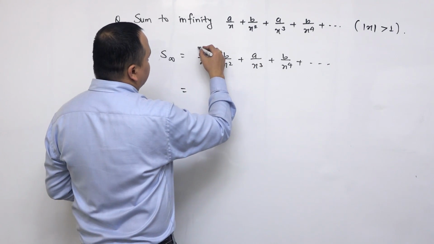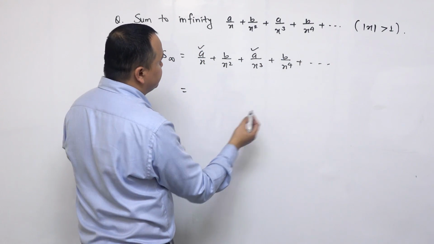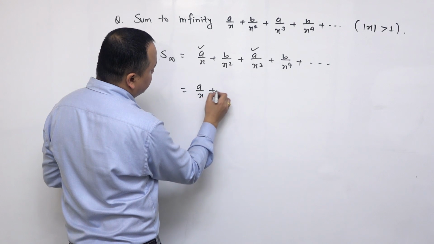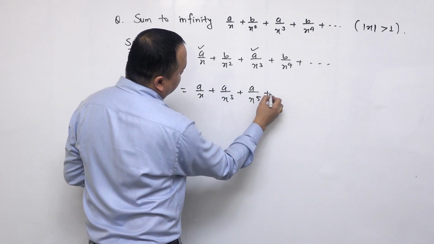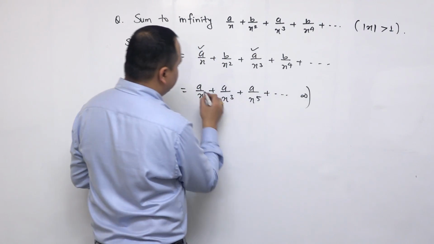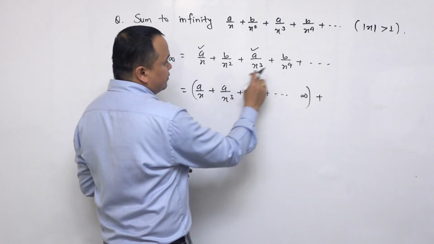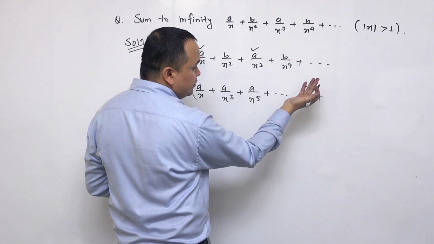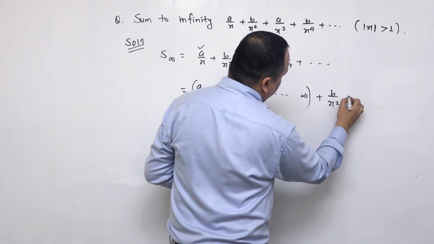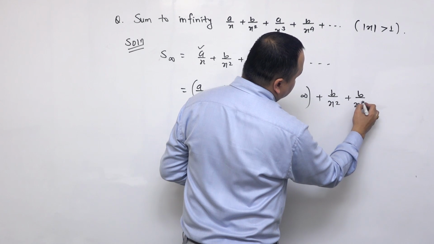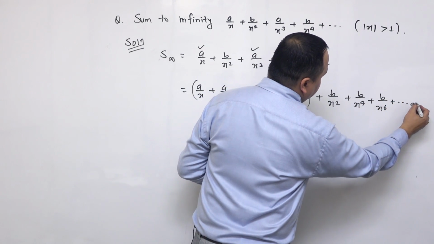Now collecting a by x, a upon x cube, similarly a upon x to the power 5 and so on, we get a upon x plus a upon x cube plus a upon x to the power 5 plus dot dot dot to infinity, plus now collecting b upon x square plus b upon x to the power 4 plus b upon x to the power 6 and so on, we have b upon x square plus b upon x to the power 4 plus b upon x to the power 6 plus dot dot dot to infinity.